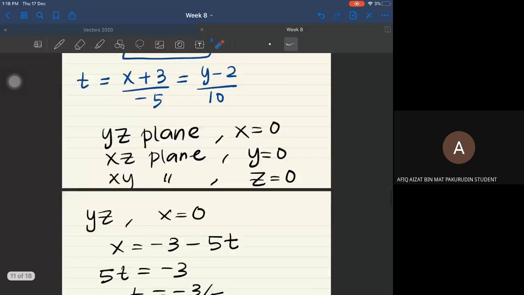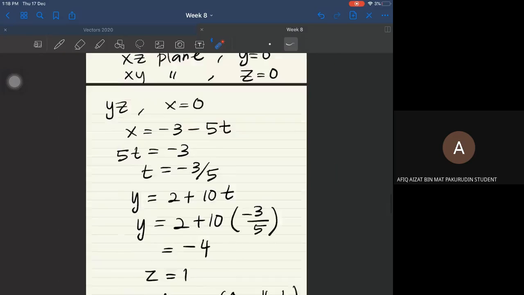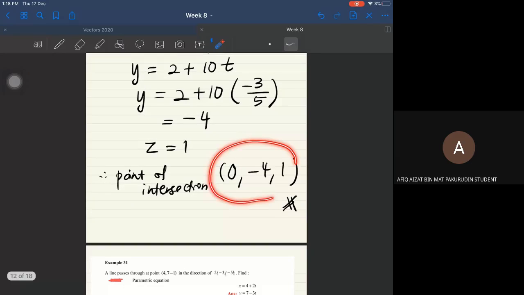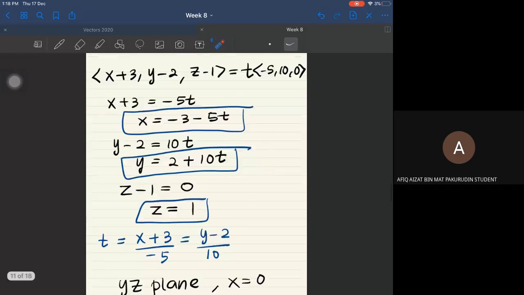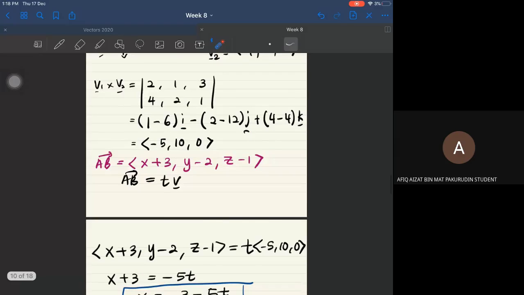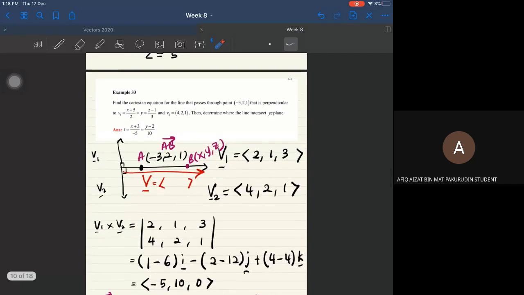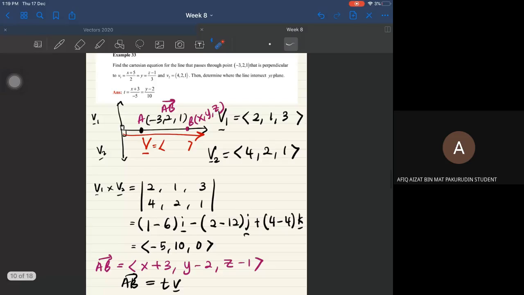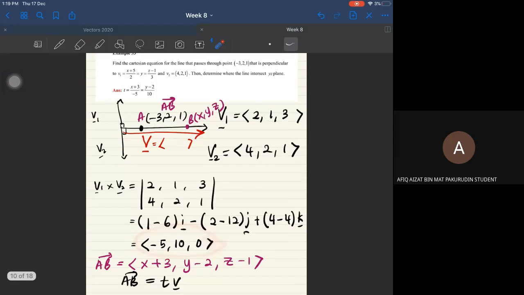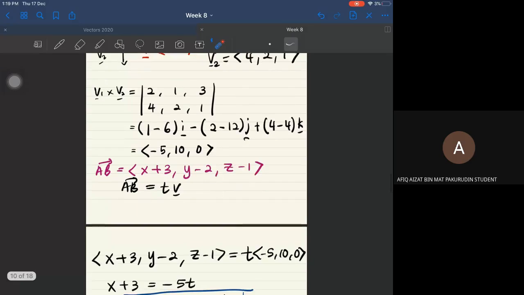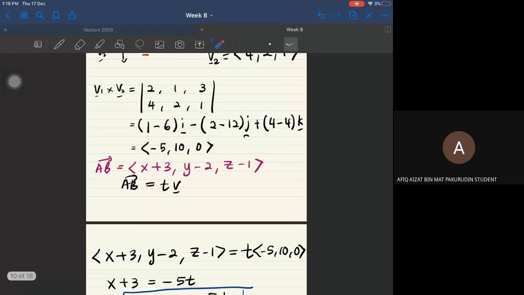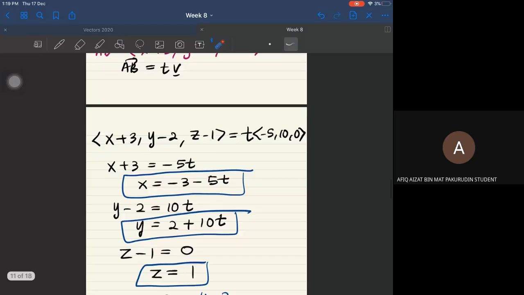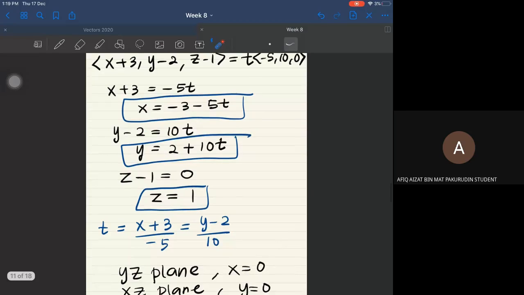Tapi bila kita nak cari point of intersect nanti, you akan dapat the same answer. Okay. So kami tetap akan terima kalau you buat V2 cross V1, so you akan dapat opposite direction lah. Okay, sebab nilai dia akan jadi sama, cuma simbol je. Kalau tolak jadi tambah, tambah jadi tolak. Okay.